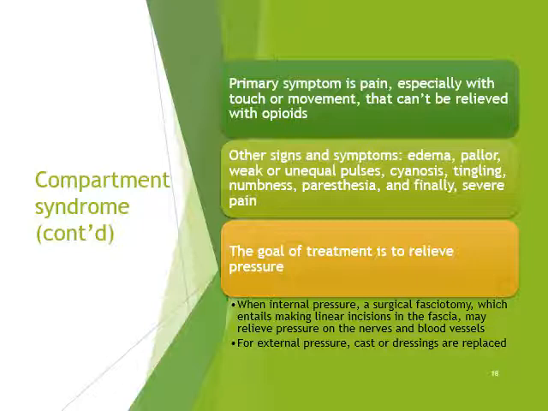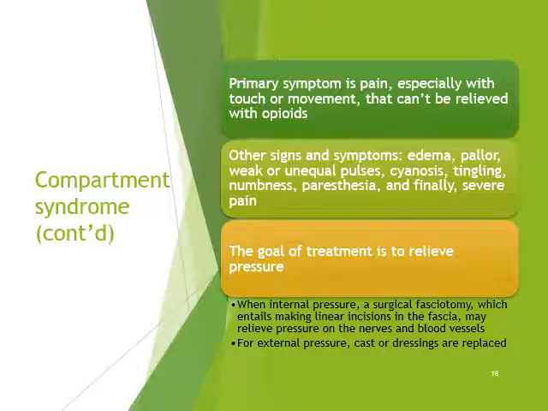Other signs and symptoms are edema, pallor, weak or unequal pulses because of decreased blood flow, cyanosis, again decreased oxygenated blood getting to the area, tingling and numbness and paresthesias because nerves are involved, and finally severe pain.